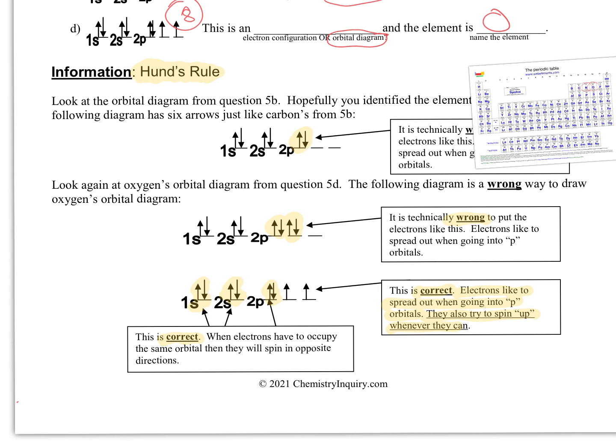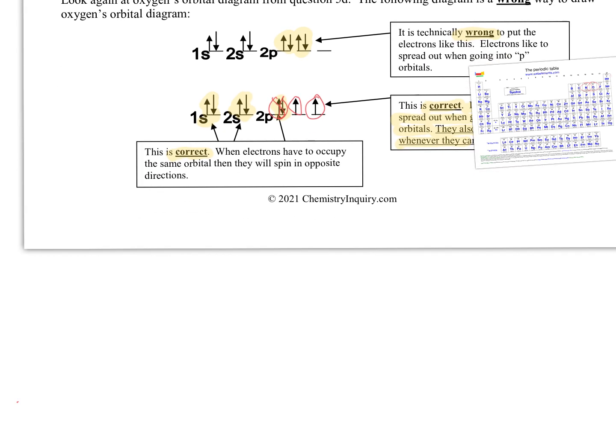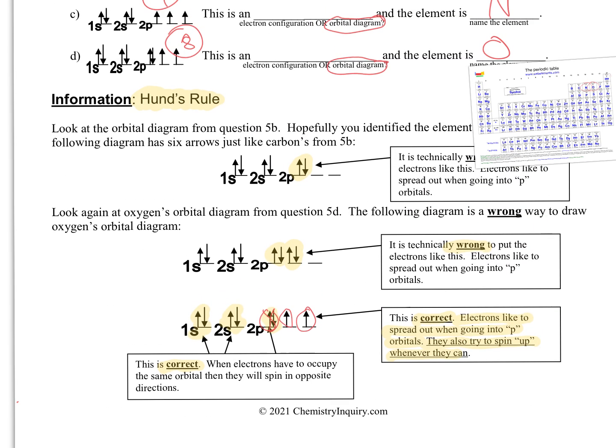It says that they do like to spin up first, and then when they pair up, they'll spin down. Okay, so that's kind of a new rule we hadn't heard before. Maybe not necessarily a rule, it's just something they like to do. They would rather spin up first.